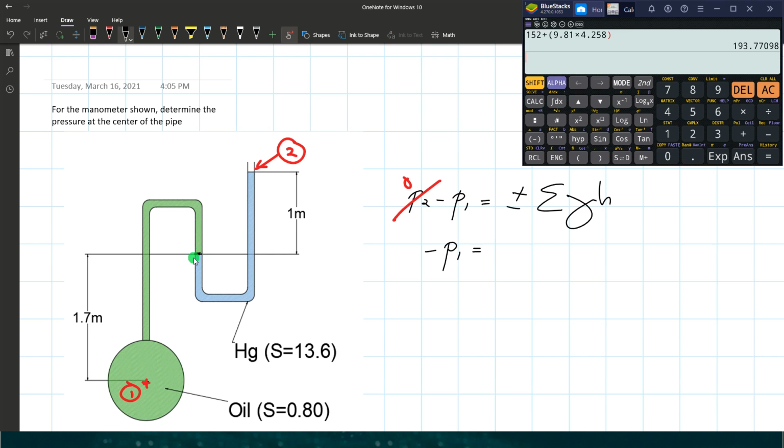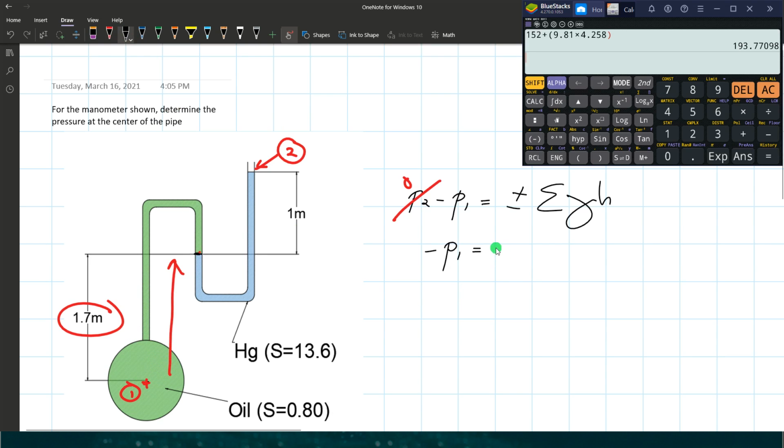Based on the figure, we have a difference in elevation from the center of the pipe to that point, which is 1.7. So the direction is from point 1 to the endpoint, which means the difference in elevation is going up from this point to that point.